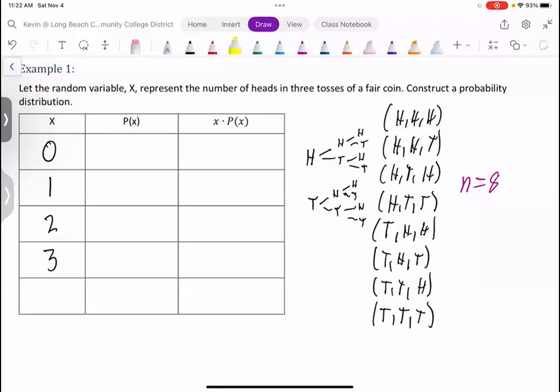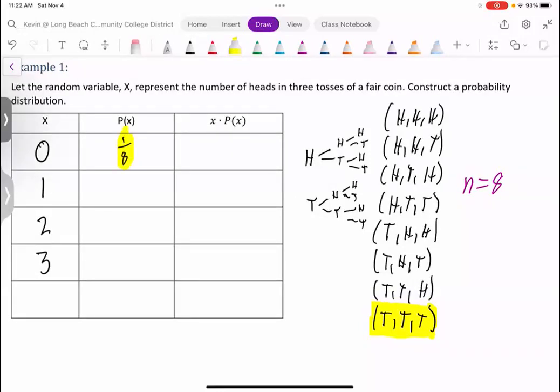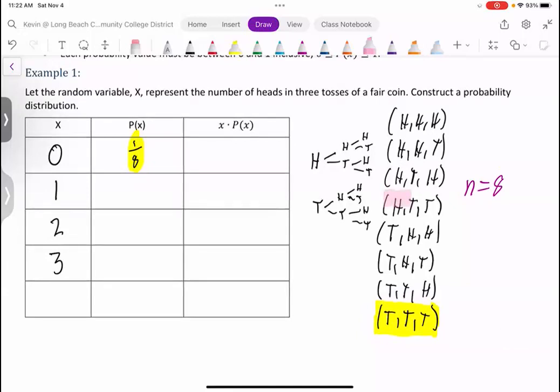Now, what's the probability of getting 0 heads? There's only one chance of getting no heads, so that's one chance out of the 8. How about getting exactly one head? We have this here, this here, and this here, so we have 3 chances out of the 8 of getting exactly one head.